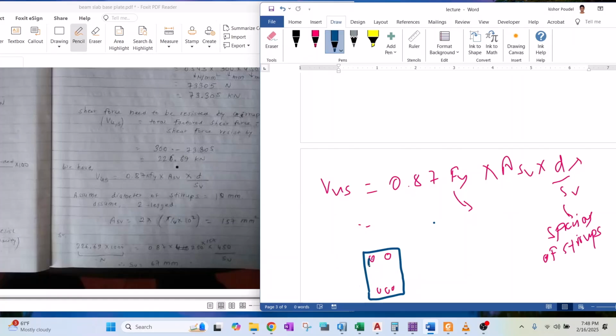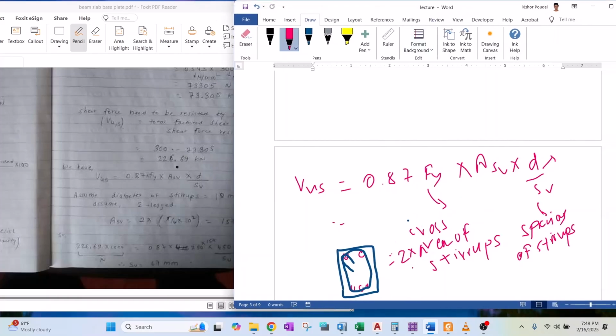If you provide the stirrups in this way, then Asv is 2 times the cross-section area of the stirrup. Why do we multiply the cross-section area of the stirrup by 2? Because it is 2 legged. This is 1 and this is 2. So you should multiply the area of the stirrup by 2.